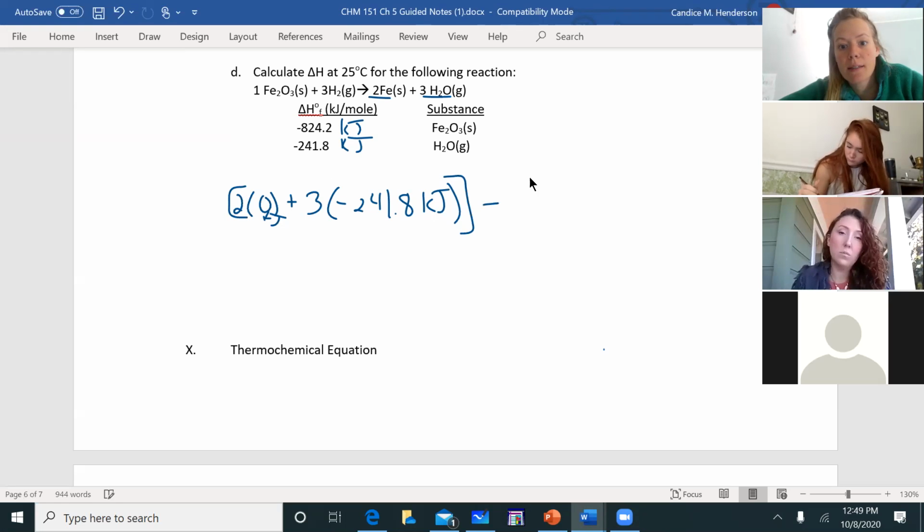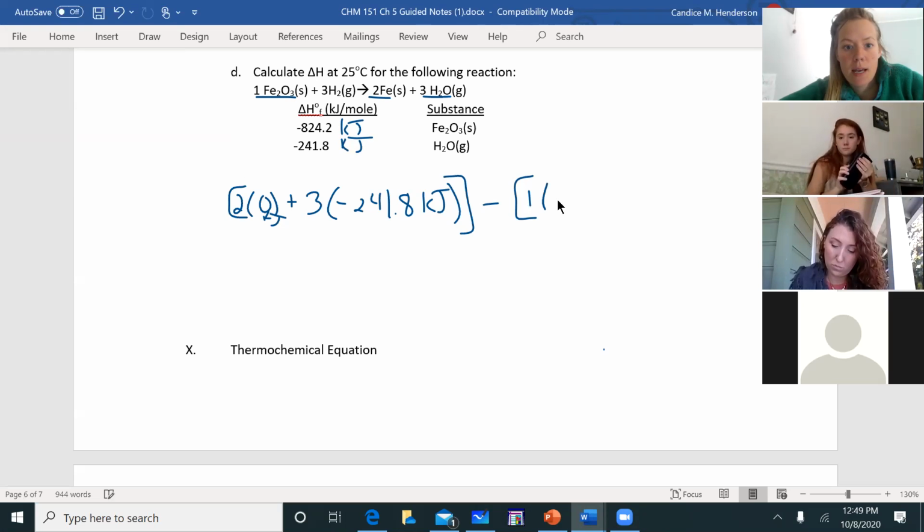Now we're going to subtract that by our reactants. So the first reactant is this one, iron 3 oxide. And I only have one of them. So 1 times the negative 824.2 kilojoules. I'm going to add that to the second thing, which is elemental hydrogen.